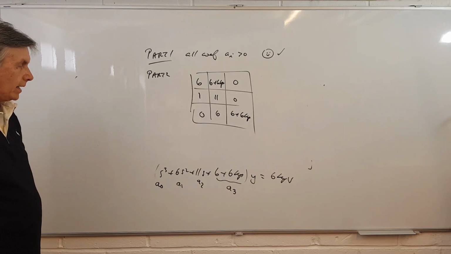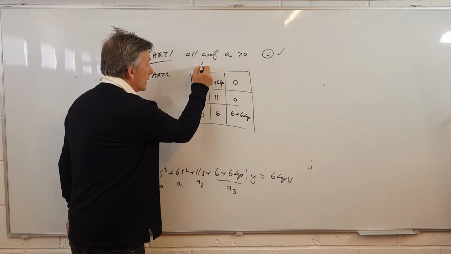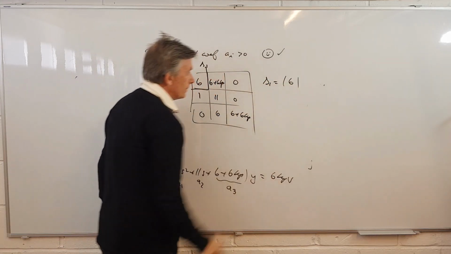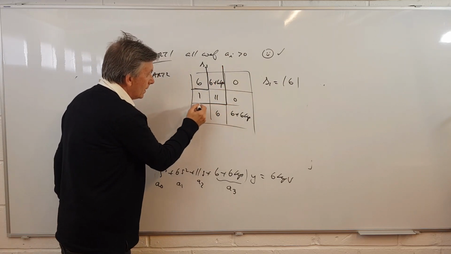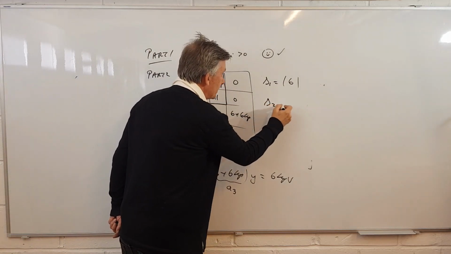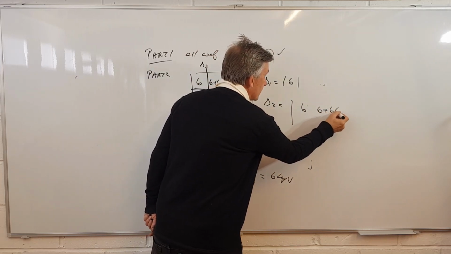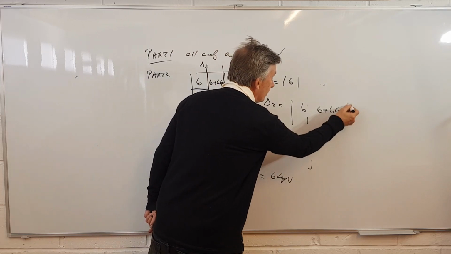Now, we can work out the subdeterminants. So this one here is delta 1. So delta 1 equals 6. Delta 2 we get from here. So delta 2 is given by 6 plus 6 Kp, 1, 11.